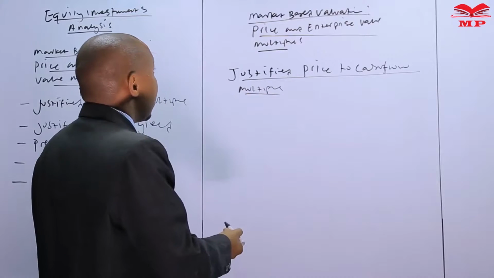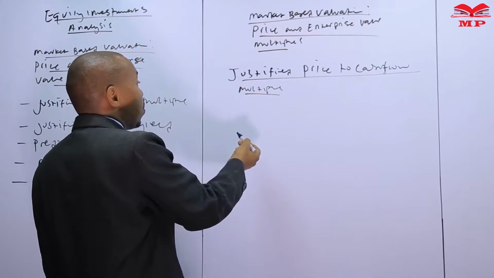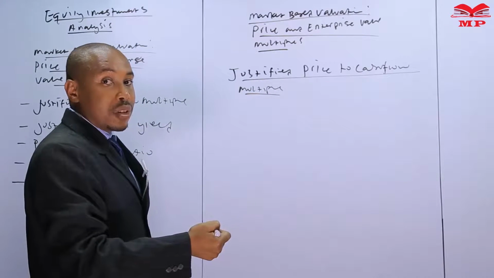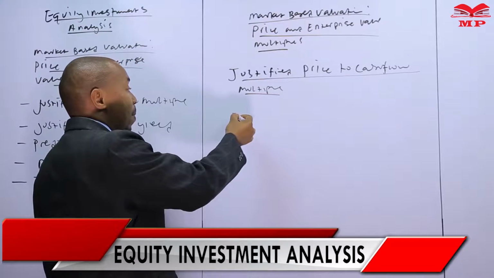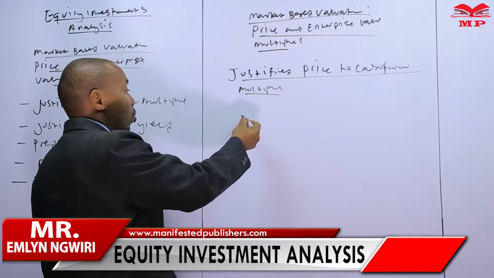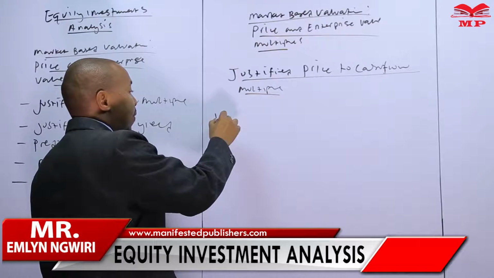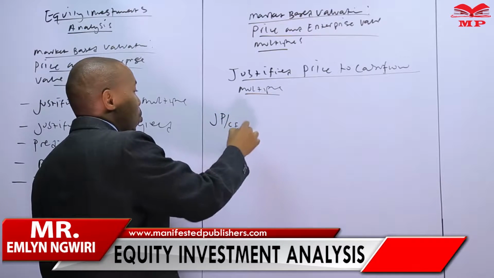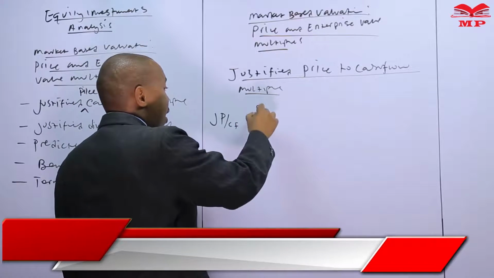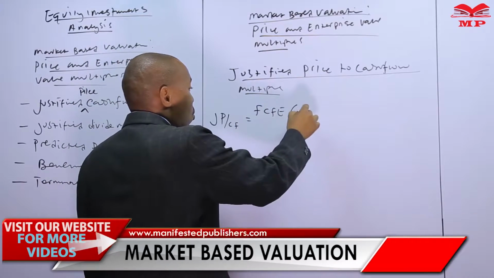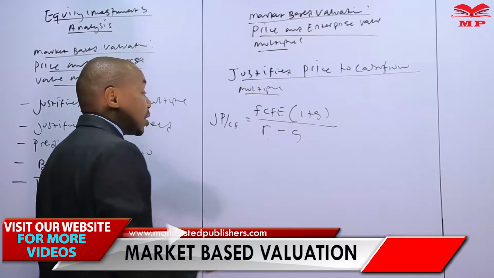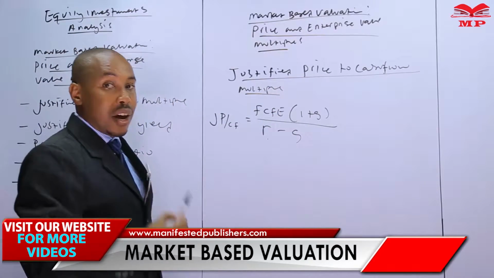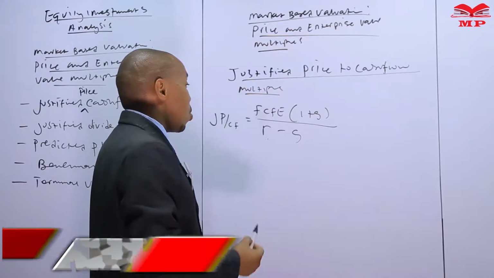What you need to know is that this is based on a discounting value, based on the free cash flow to equity valuation. The formula for getting the justified price to cash flow multiple is given as FCFE times (1 plus G) over (R minus G). It is based on a discounted cash flow model.